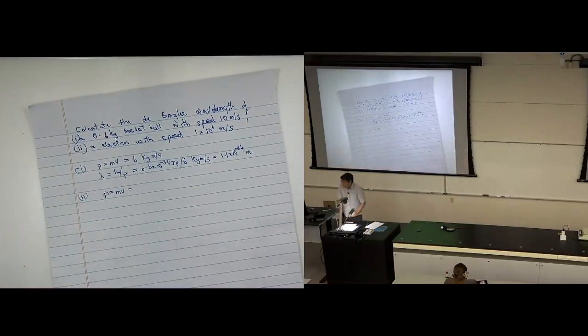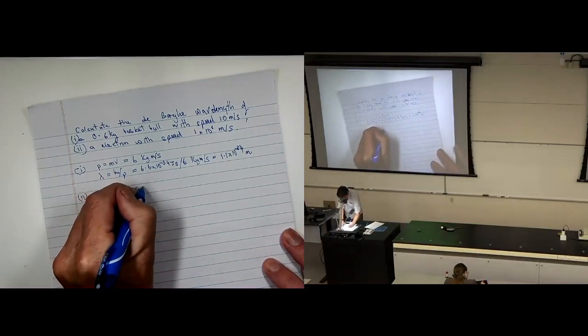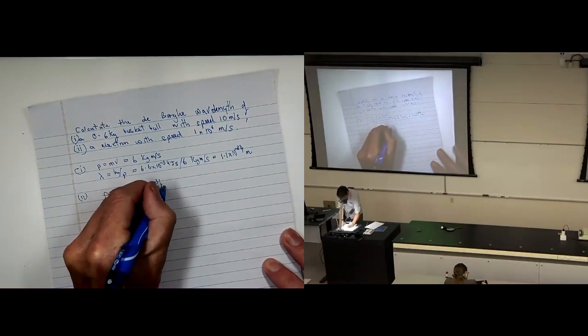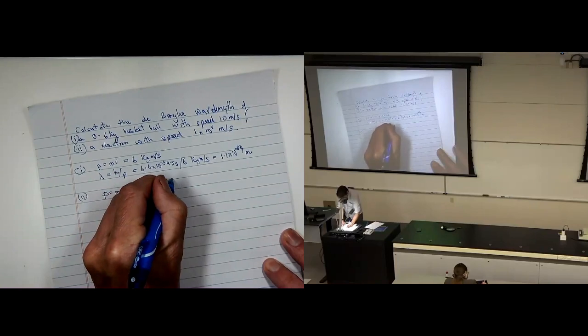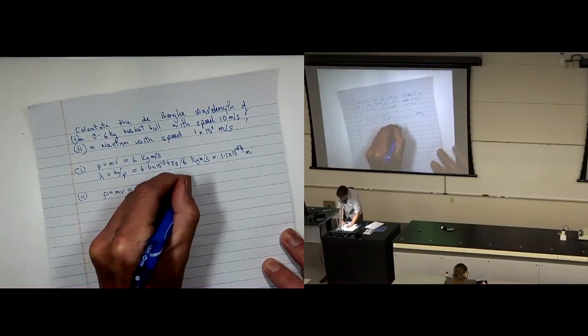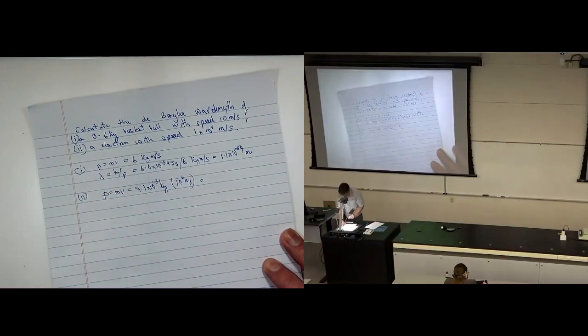The mass of an electron, I've got to look it up here, sorry, because I think it's 9.1 times 10, yeah, 10 to the minus 31. That's the mass of the electron. The speed of the electron is 10 to the 6 meters per second. So I can do this calculation in my head too.